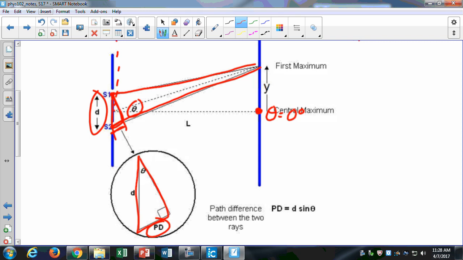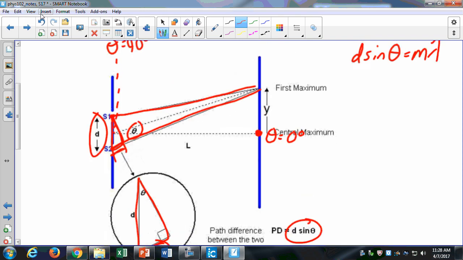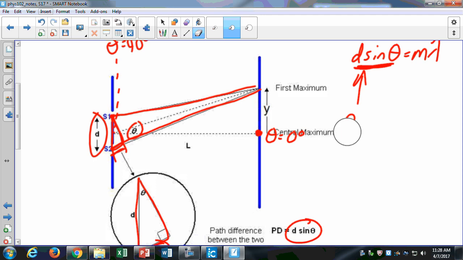Now there is some assumption there that your angle theta is a small angle, but that's okay, we'll go with it. So that's where our path length difference is equal to d sine theta. So in this expression, d sine theta is the difference in the path lengths between the two rays.